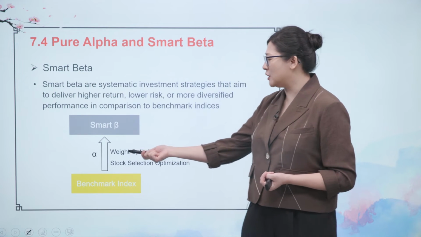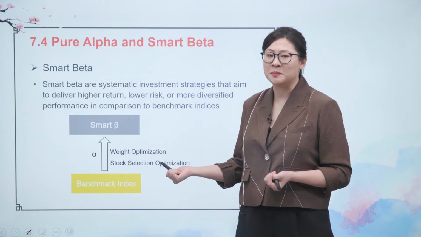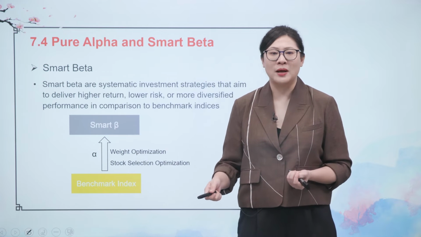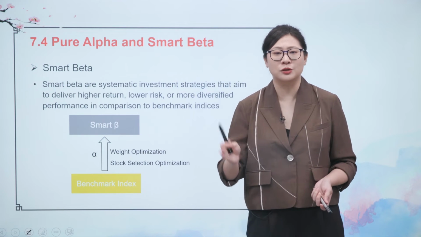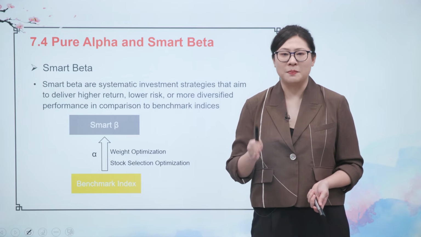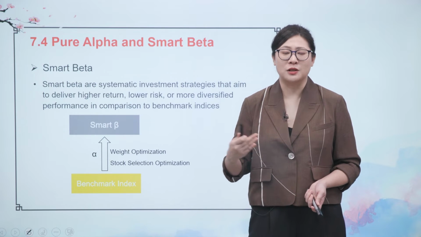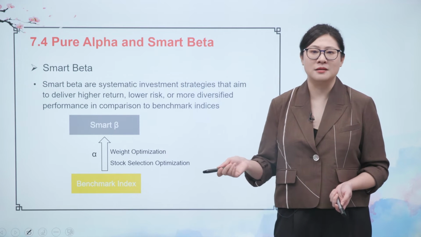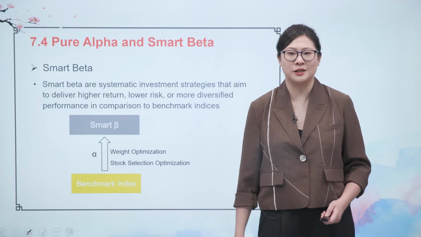Using this weight optimization and stock selection optimization, we can earn the alpha return, which is our active return. So you can construct your smart beta index and then form your smart beta mutual fund. So that's the concept and how we can construct our smart beta strategy.